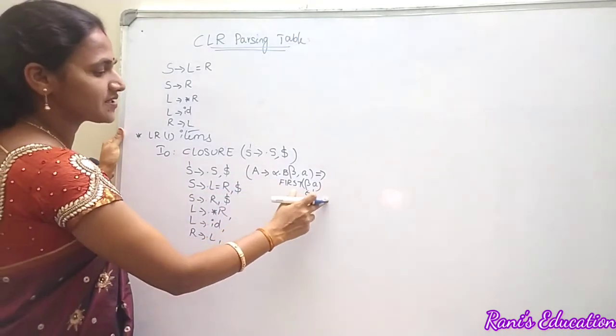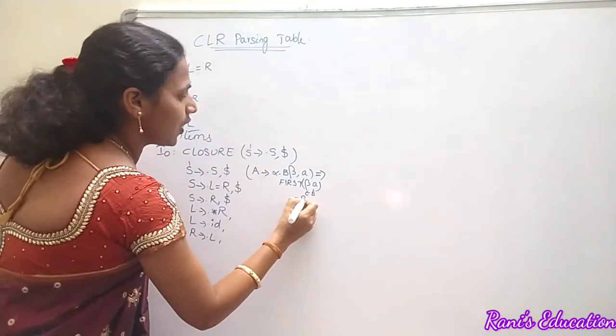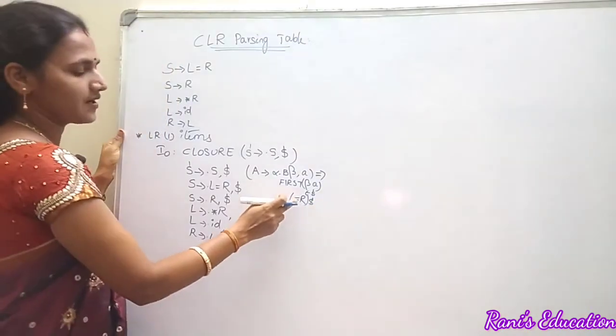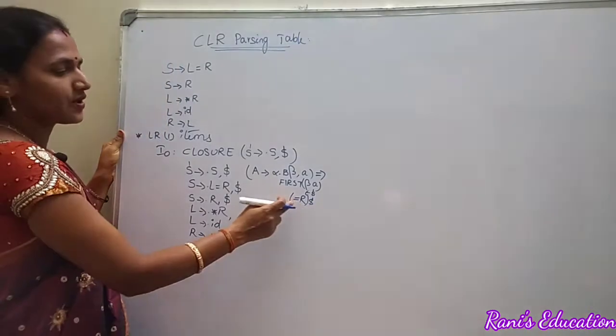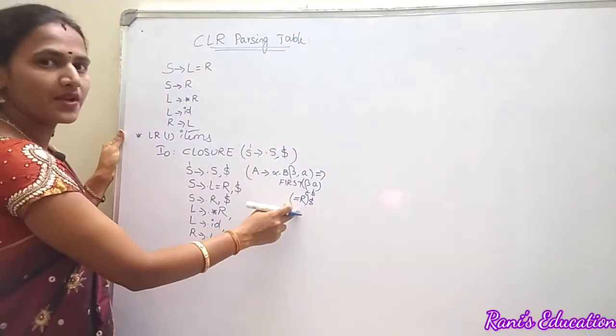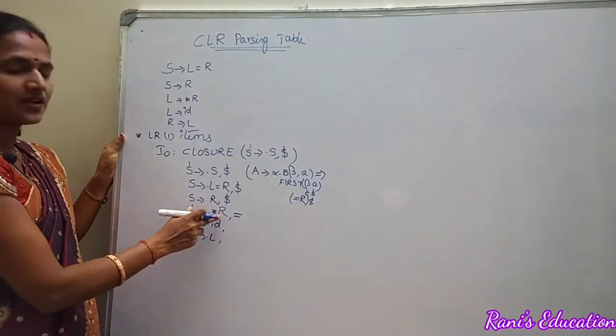So what is first of beta a? Beta is equal R and a is dollar. So what is first of beta? That is equal. Here the starting grammar symbol is a terminal, and first of a terminal is the terminal itself. So we are going to consider the terminal as the lookahead.